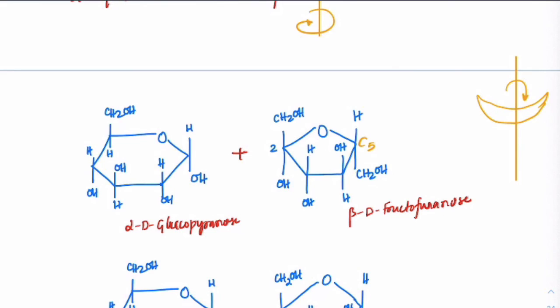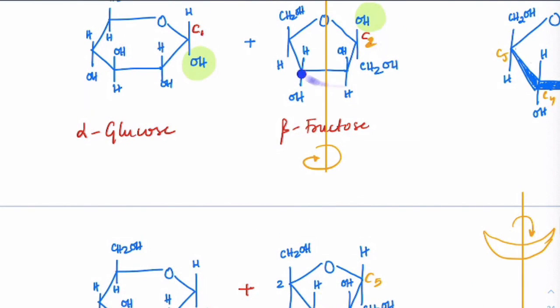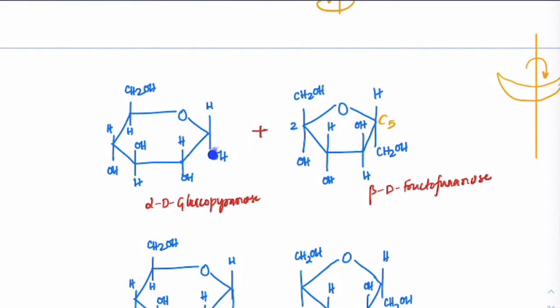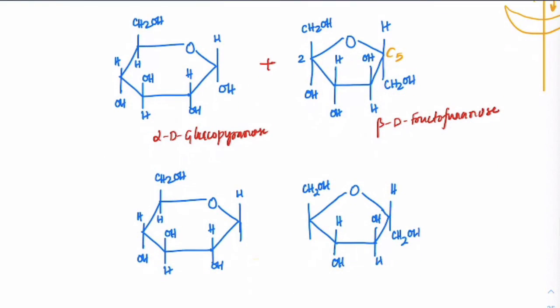Instead of showing it in the earlier form, I have shown it in this form, so that we have closeness of these two and can remove water to make a connection.